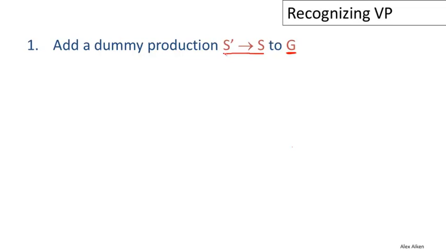So S prime will be the new start symbol of the augmented grammar, and there's just one production for S prime: S prime goes to S. This allows us to know exactly where our start symbol is used. In particular, our new start symbol S prime is only used in one place, on the left-hand side of this one production. And that just makes things a little bit simpler.